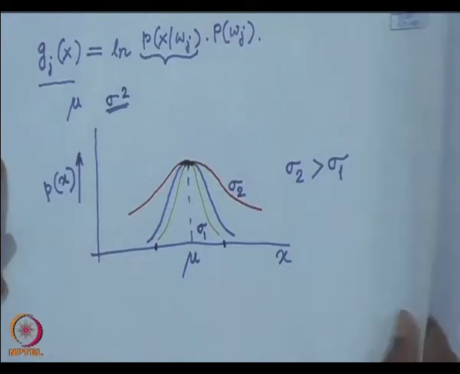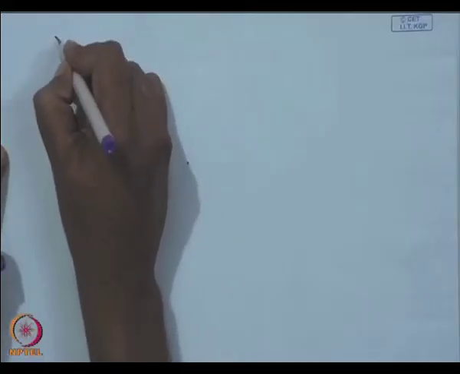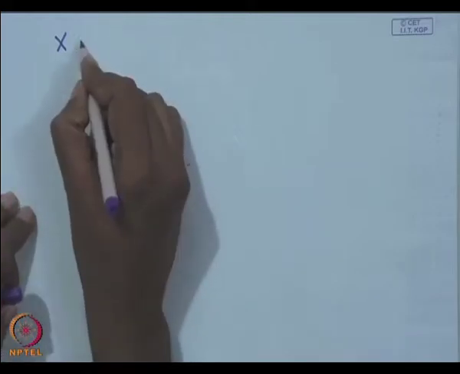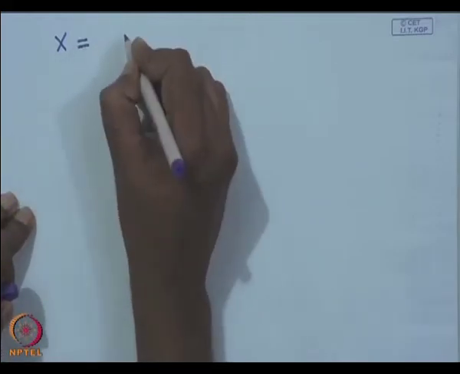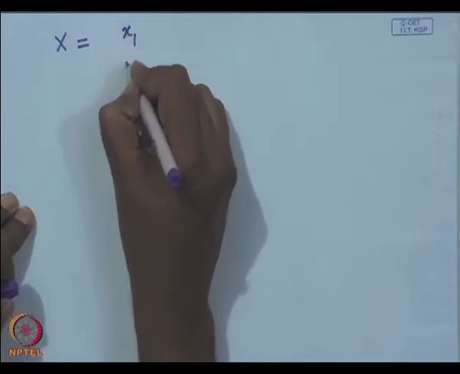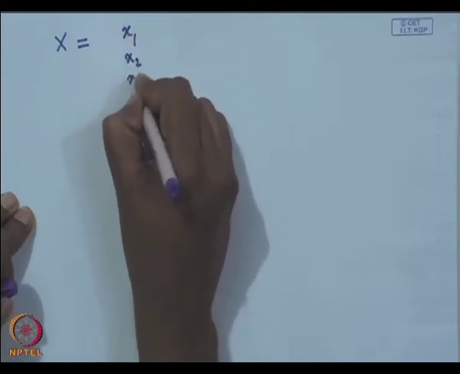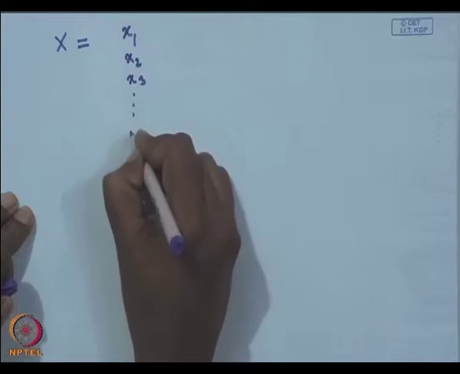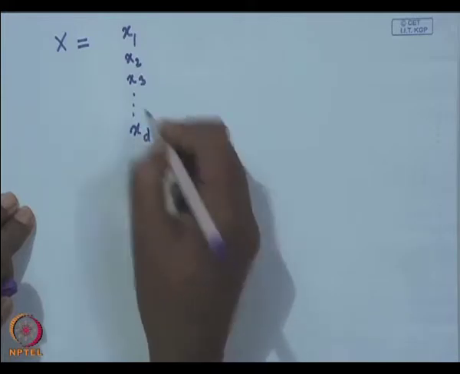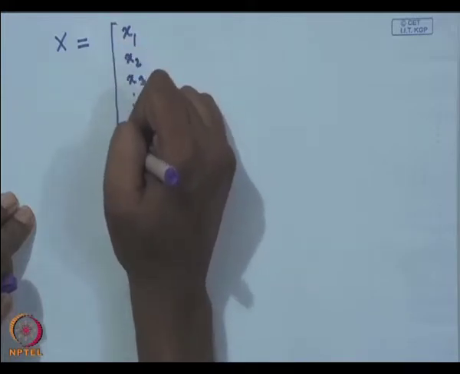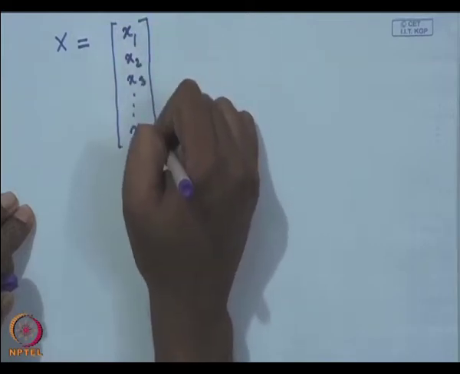If I have multiple variables, in which case the feature is represented in the form of a feature vector, such a feature vector is represented by capital X. If it has d number of components, then feature vector X is given by x 1, x 2, x 3 up to x d, a vector having d components.